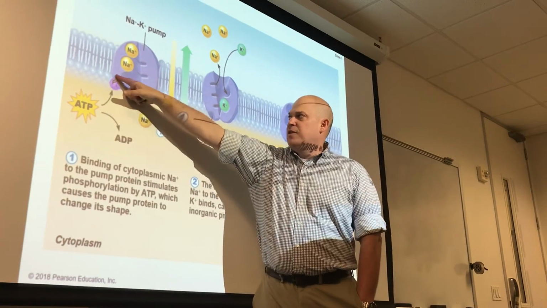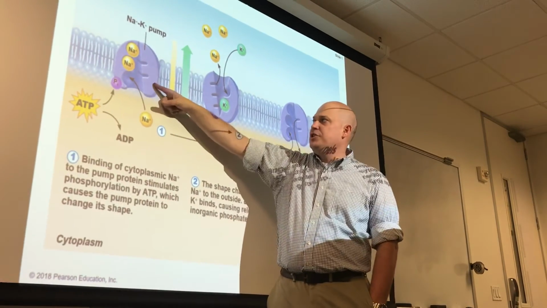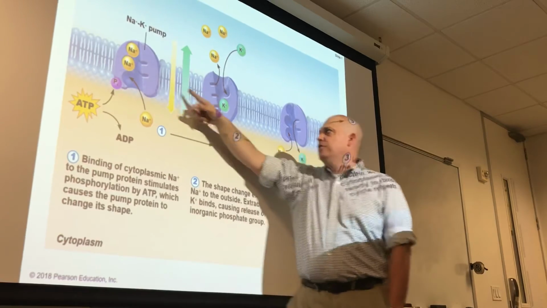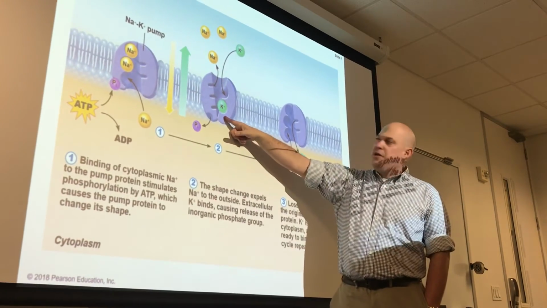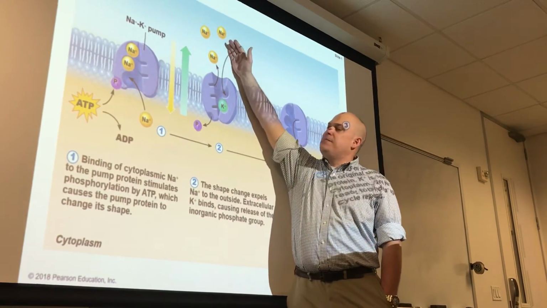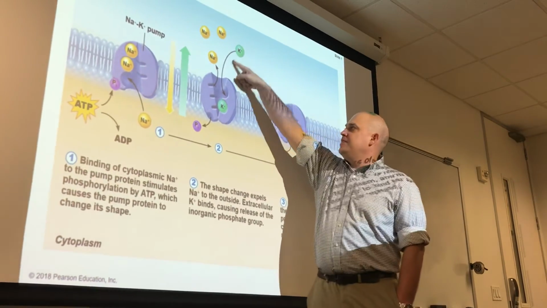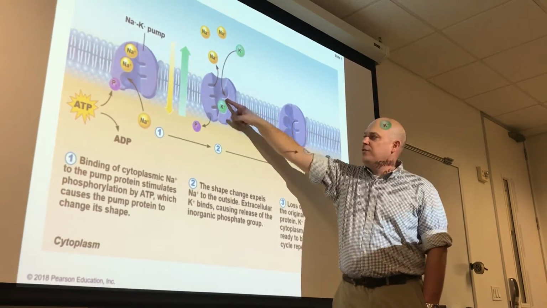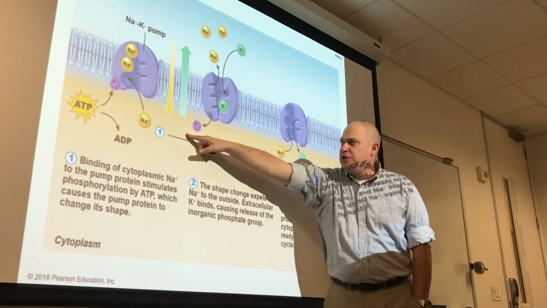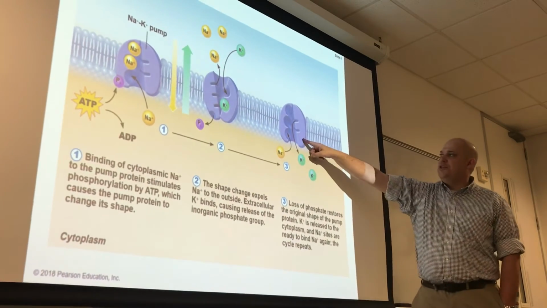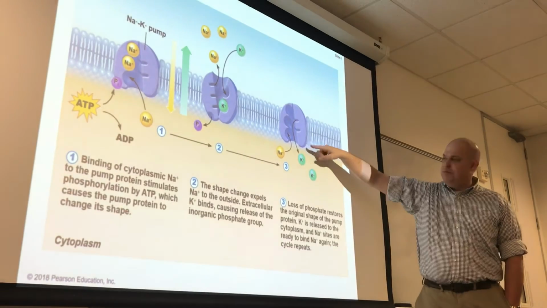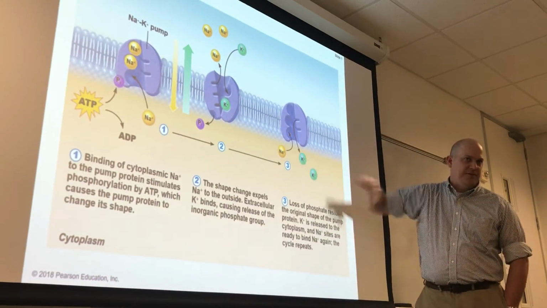That phosphate, once it connects to this protein channel, it will cause this channel to change its shape, therefore releasing sodium out of the cell. As this occurs, potassium will enter this same channel, and as the phosphate group jumps off, this protein channel will go back to its initial shape, allowing potassium to enter the cell.